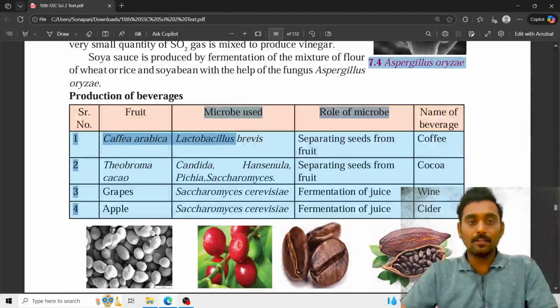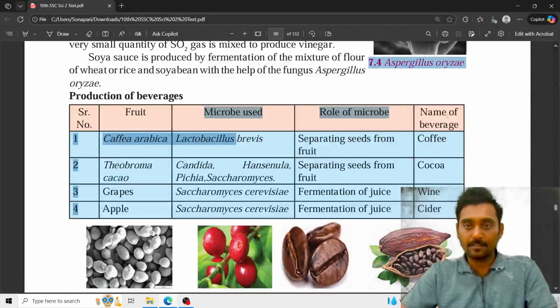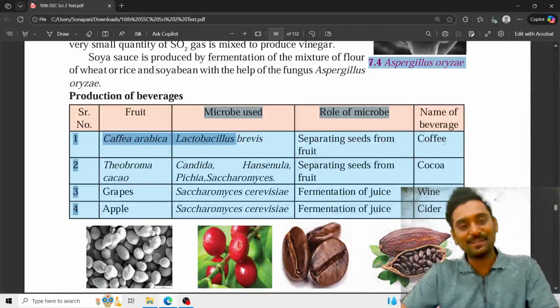So in the Cafe Arabica, the microbe Lactobacillus brevis is used. What is the role of this Lactobacillus brevis? It is separating the seed from fruits. Okay, and a beverage of coffee is made. So cafe.